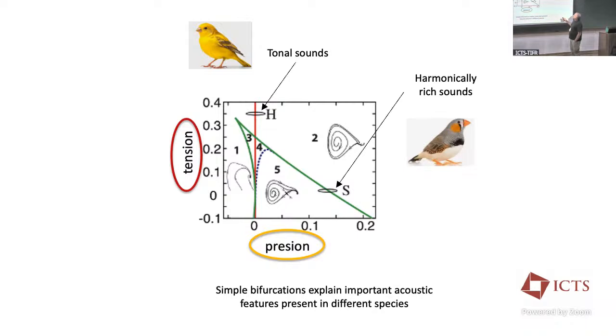And birds like the zebra finch, which generates these very harmonically rich songs, are going to be living in this region in phase space. I would love to do a systematic study with different species, seeing where they are covering a unique bifurcation diagram. And I think it would be very interesting to do phylogenetic comparisons with that.